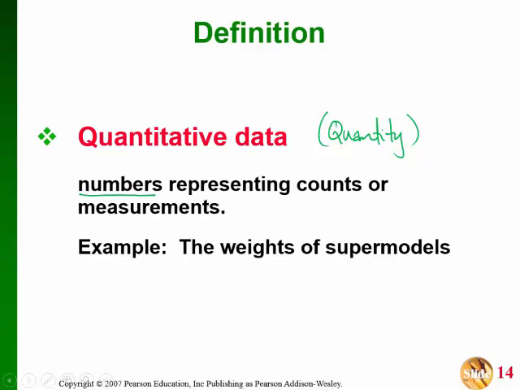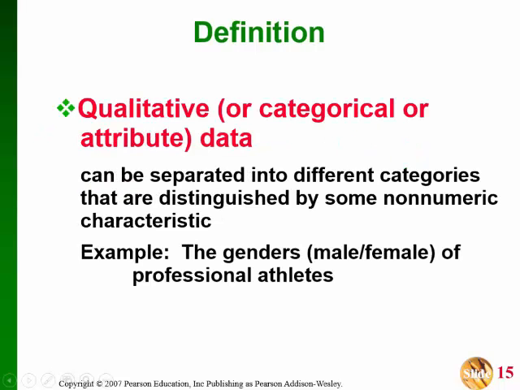Okay? Now, something different from quantitative data is called qualitative. I think categorical might make a little bit more sense, but they use qualitative a lot because it starts with a Q. So qualitative data would be a type of data that's basically non-numeric.